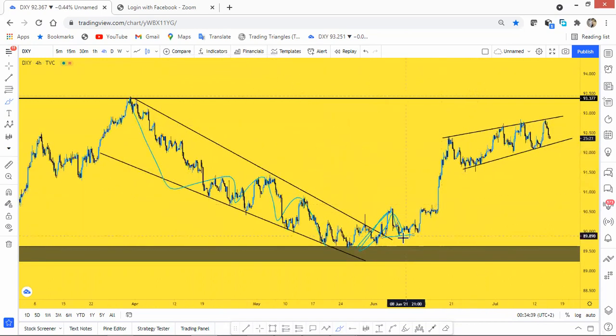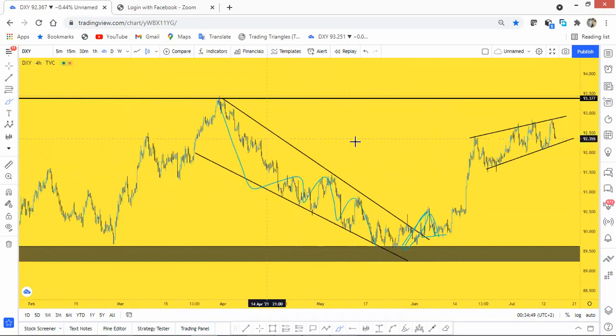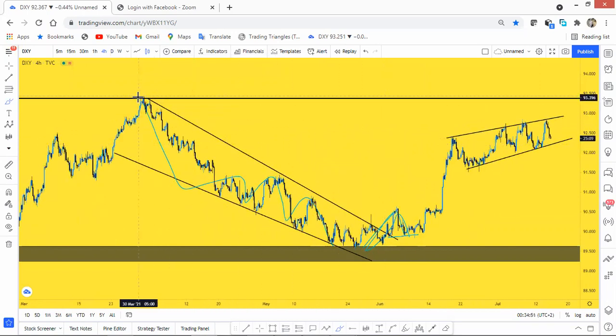Look how aggressive this push is. You have bullish engulfing candles here. Now, notice how it does not necessarily reach this point. It did not reach this point yet. I think it may not reach this point. Why? Because of the 90% rule.